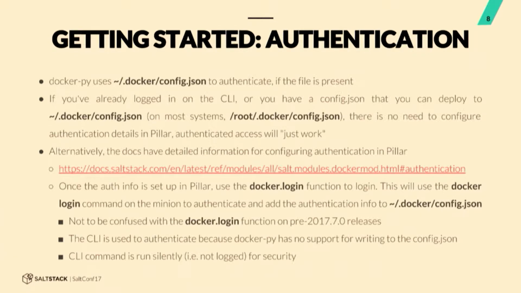This docker.login uses the Docker login CLI command, because Docker Pi itself does not have the means to write to the config.json. It can read it, but it doesn't have anything built in to edit your authentication. As long as you have that config.json present, that's the only time you ever have to worry about authentication. From then on, anytime you need to push any images, it'll just work.